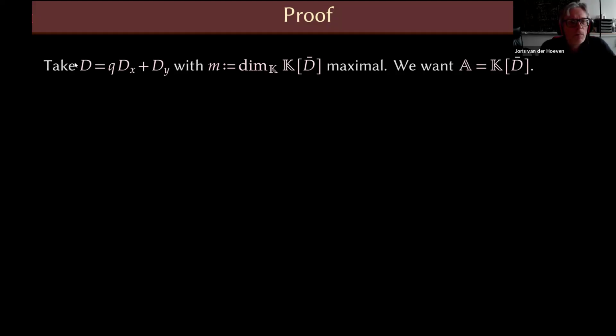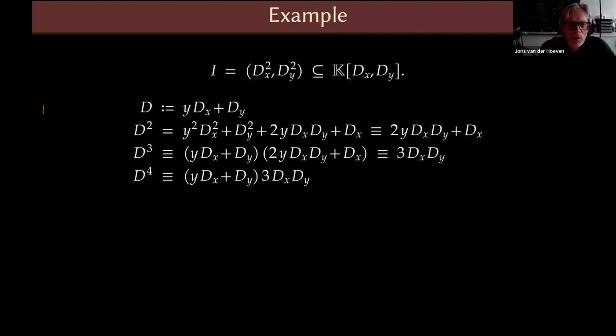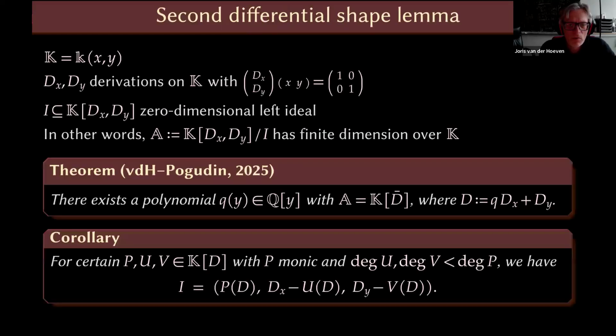So we have to find, let's just go back to the statement, this operator d, which is q times dx plus dy, which generates everything.